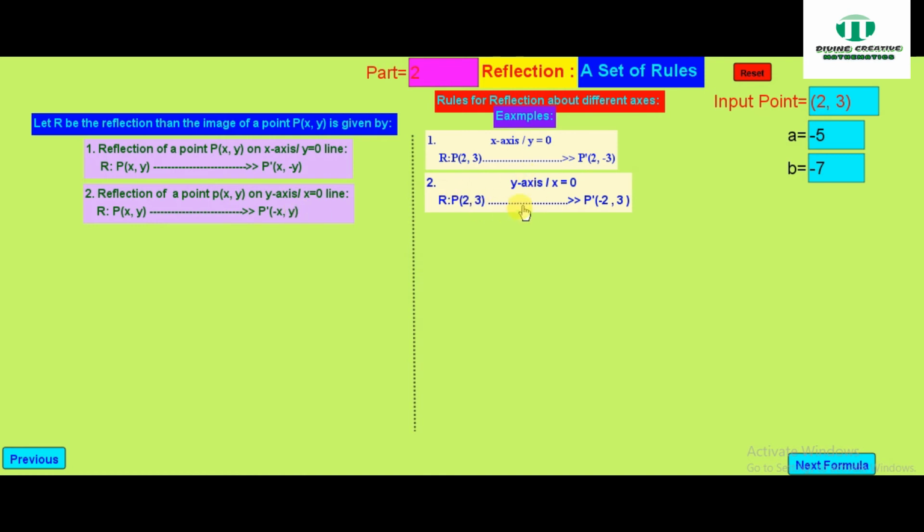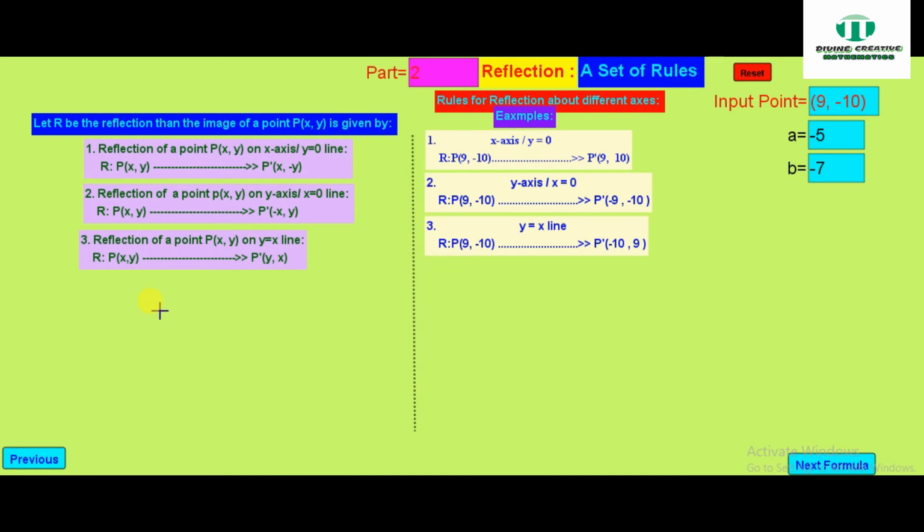In the example, we have a point P (2, 3), and the image of P (2, 3) about the line x equals 0, the y-axis, is P prime (minus 2, 3). Now if you change the point you can get other points. So let's write the point (9, minus 10). The image of (9, minus 10) is (minus 9, minus 10).